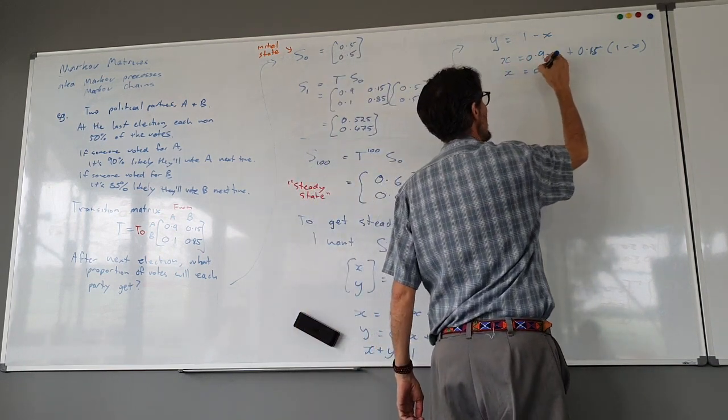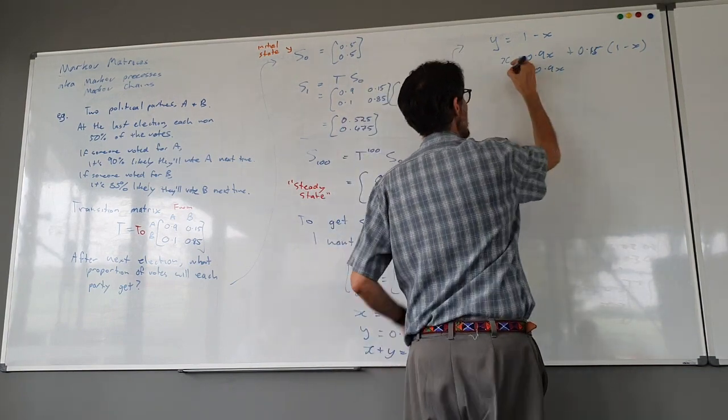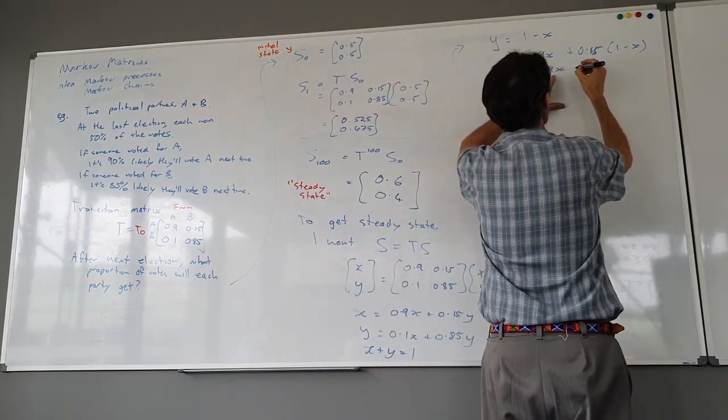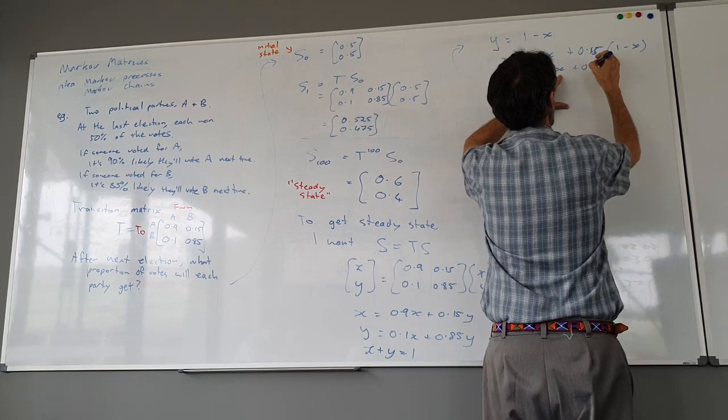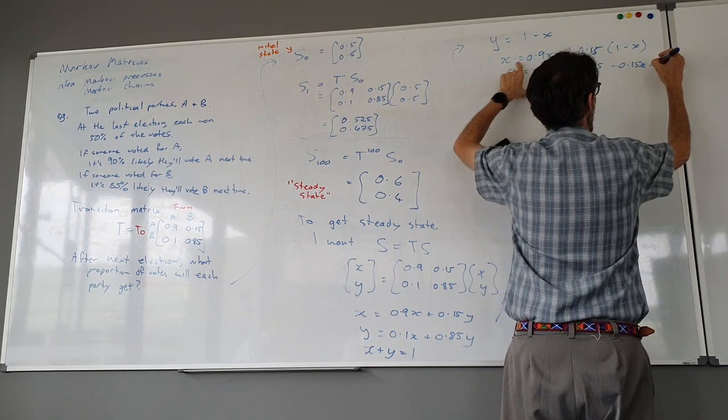Let's move them all to one side. 0 equals 0.9x plus 0.15 minus 0.15x minus x.